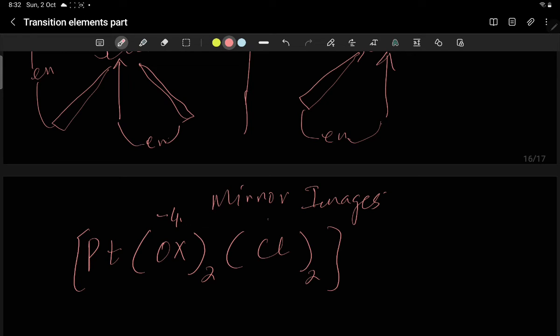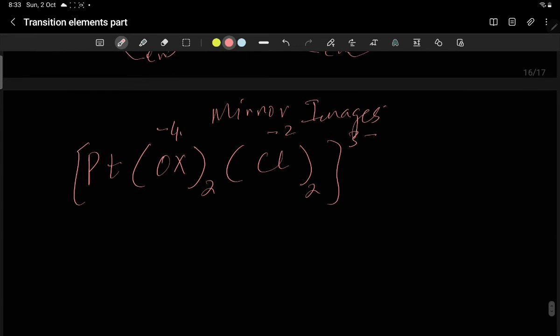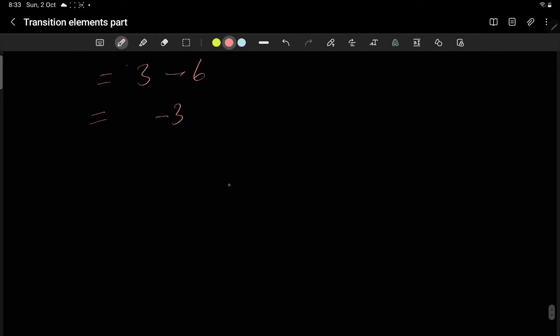So -2 and -4, it is 6. The platinum carries 3 positive charge, so 3 minus 6 is equal to -3. Overall charge is -3.